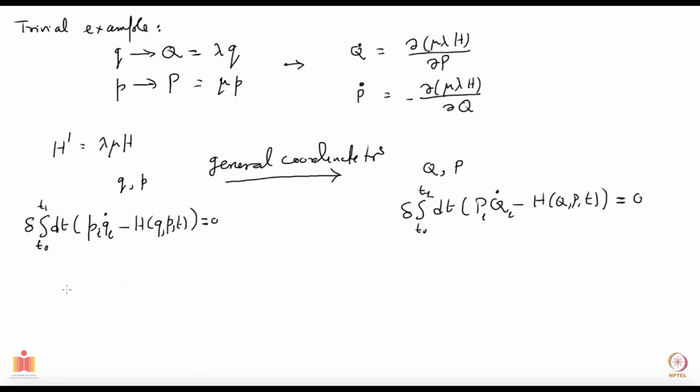contribution. Which means that if my p_i q_i dot minus H(q, p, t) is equal to P_i Q_i dot minus H prime(Q, P, t) plus a total derivative of coordinates, if this is the case, then my requirement is satisfied.